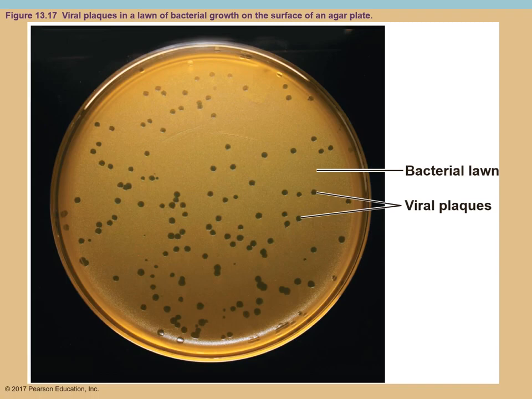So on this plate, you have a lawn, this is just solid bacterial growth in here. So you refer to that as your lawn. You would have your media, you inoculate it with the bacteria, and then at the same time you would have inoculated with the virus. These are the plaques, these little clearing circles here.